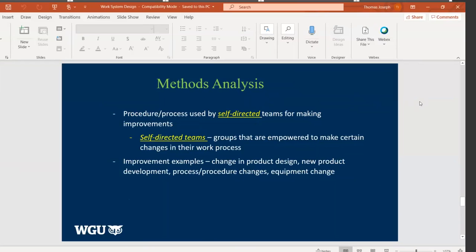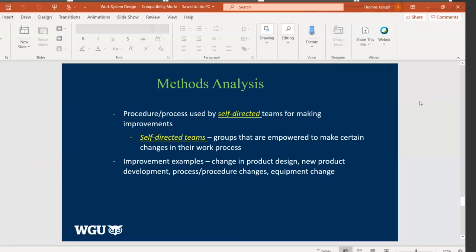And self-directed teams are generally a group of individuals that the organization utilizes to help make changes or improvements. Oftentimes, that could be someone like you. If you were involved in any capacity to help rewrite some processes or procedures or how some things are being done in your company, you were part of that team. That was part of what is known as a methods analysis.